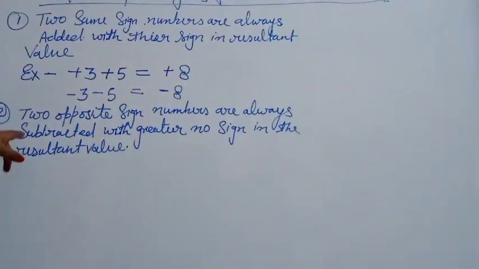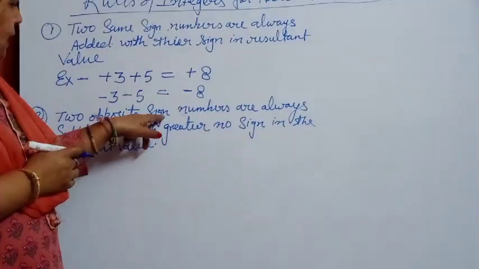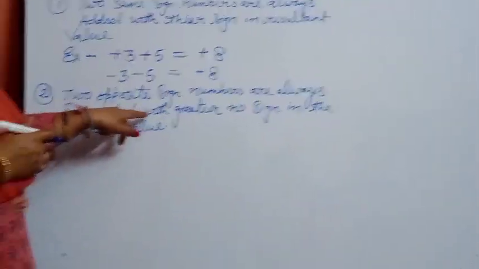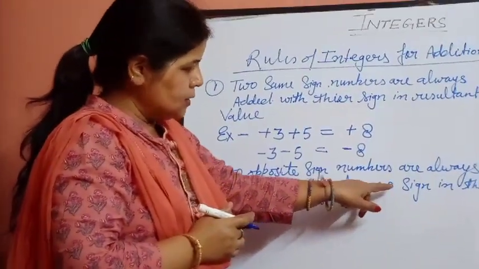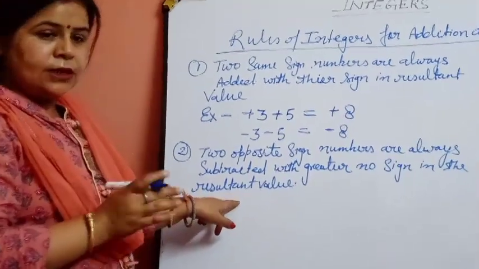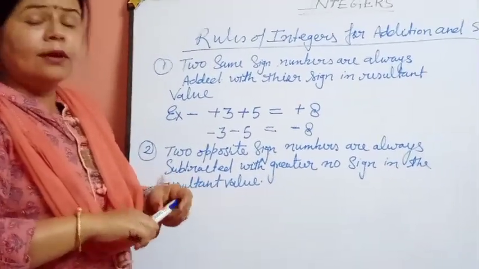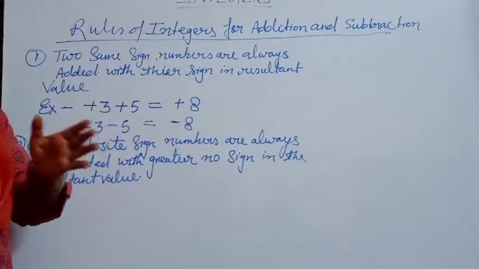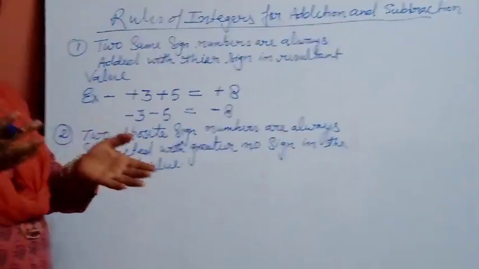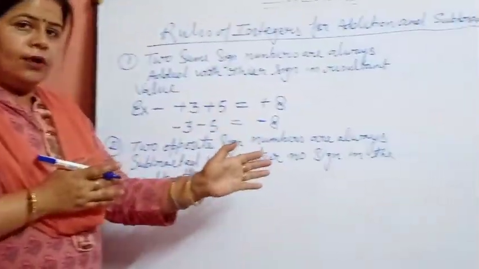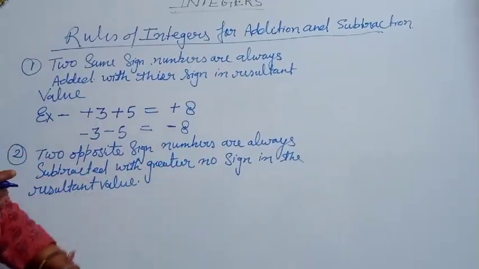See now, two opposite sign numbers are always subtracted with the greater number's sign in the resultant value. Means if two values have opposite signs, suppose one value has a positive sign and another value has a negative sign, then what will we do? We will do the subtraction and according to the greater value's sign, that sign will come in the result.